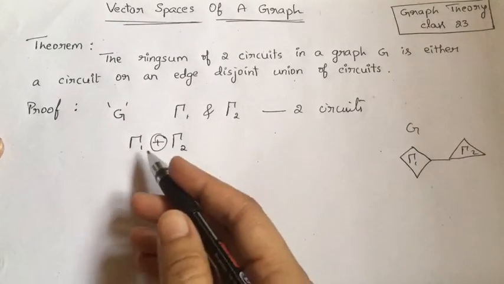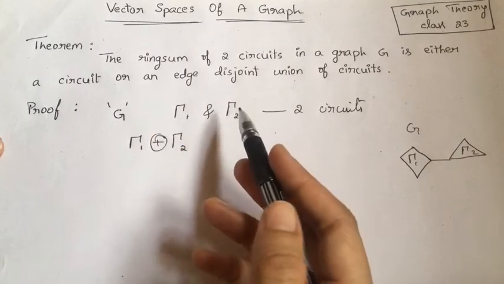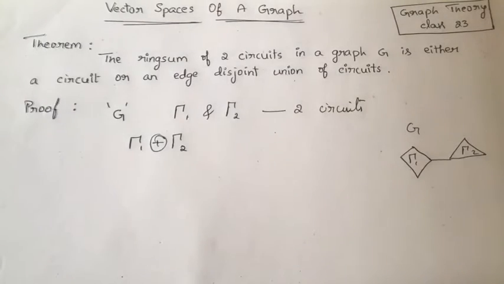So how do we show what happens if gamma 1 and gamma 2 share a common vertex.